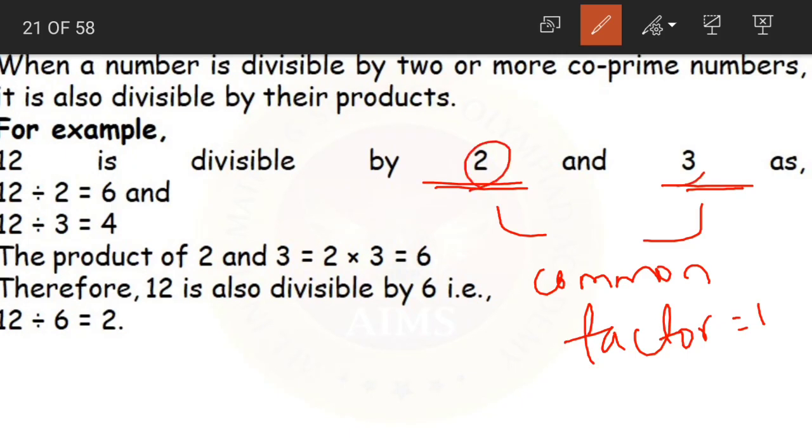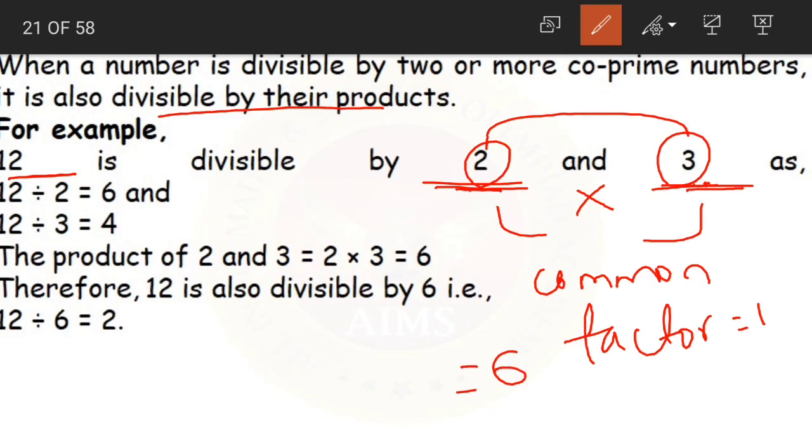Yes. So 2 and 3 are our co-prime numbers. Now if we say 12 is divisible by both 2 and 3. Now these two are our co-prime numbers, right? So 12 is also divisible by their product. That means 2 3s are 6. So 12 is also divisible by 6.